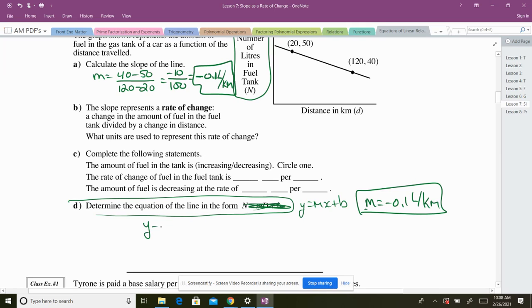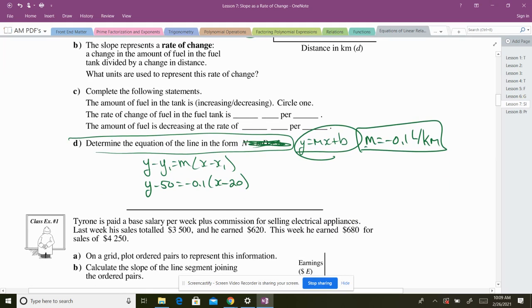So if we have a point and a slope, we plug it into this. Y minus 50 equals negative 0.1 times x minus 20. I write it in y is equal to mx plus b because that's what they're asking for, right? So what do I do? Just remember it's negative 0.1.